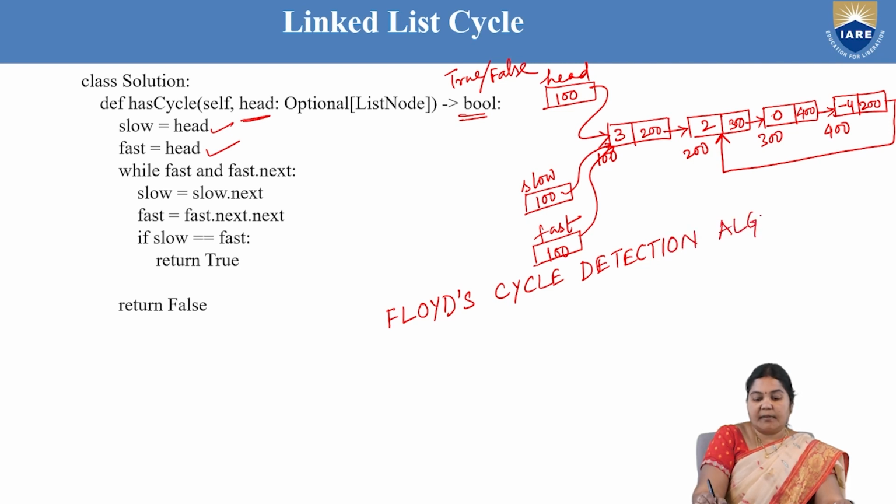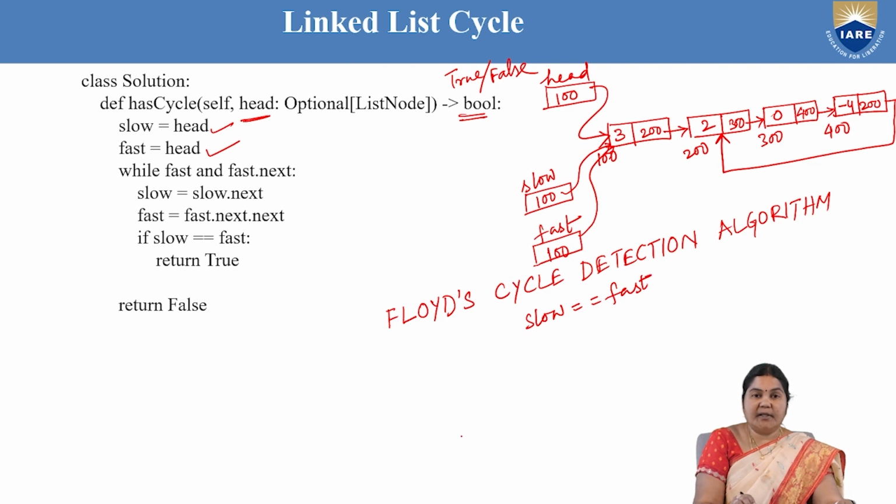This algorithm says that using the slow and fast pointer approach, we'll start traversing from the beginning of the linked list, and after some iterations, when slow pointer meets fast pointer again, that means if they coincide at a particular point, then we'll say that the linked list is having a cycle in it. This is the Floyd cycle detection algorithm. This particular algorithm we are going to use.